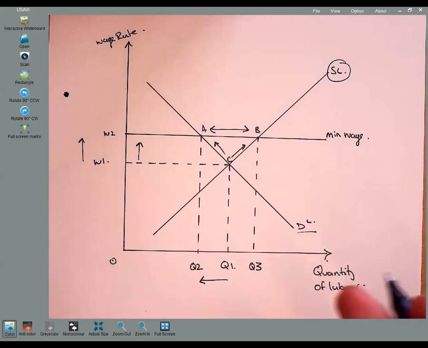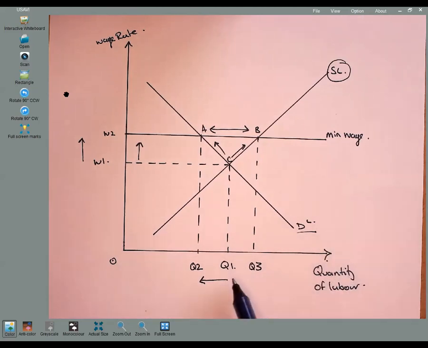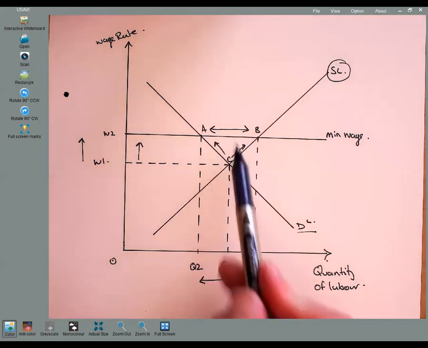They might look to move to more capital intensive methods, machinery for example, to try and replace individuals because the wage rate is too high. So we've got two opposite ends of the spectrum here. We've got more individuals wanting to work, but firms now want to demand less labor. So we have pushed the market into disequilibrium.